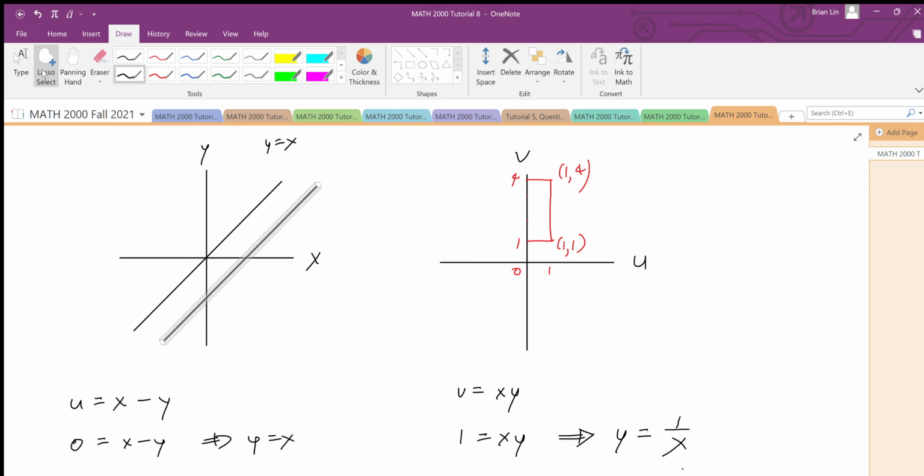So something like that. And that one's y equals x minus 1. So that second line I just drew corresponds to this blue line there, which is u equals 1.